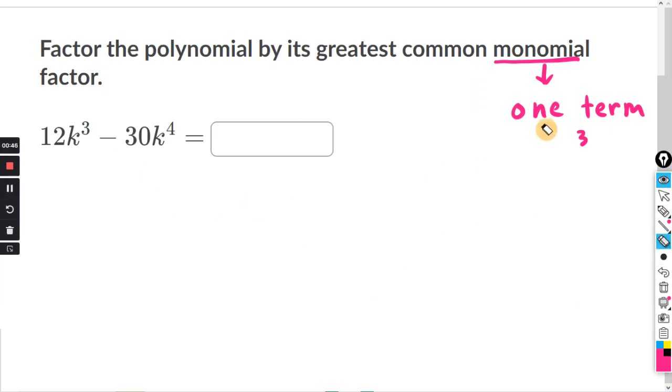All right, anyhow, what you want to do for the coefficients, the coefficient is the number in front of the variable, is find the greatest common factor.